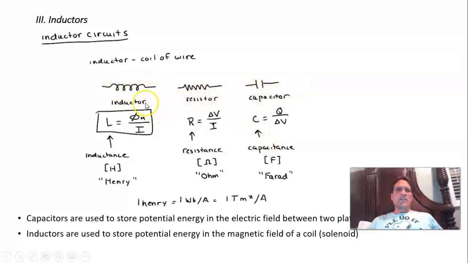And the inductance is equal to the magnetic flux going through the coil divided by the current. So it's the ratio of the flux to the current, okay?